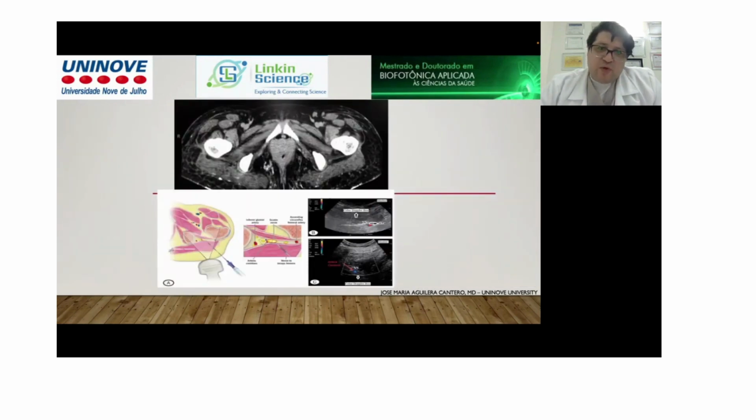So our technique will be now not to make rachidian or general anesthesia. We work with ultrasound-guided nerve blocks and also of the vessels in order to avoid a hemorrhage complication.